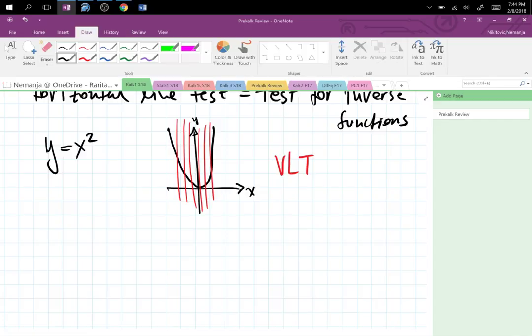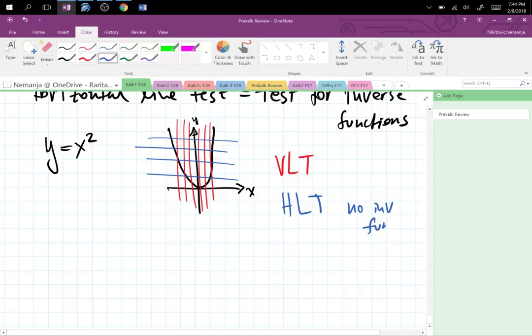To pass a test, these vertical red lines, all infinity of them, are not allowed to cut a function in more than one spot. If they cut in 2 or more spots, it fails to be a function. Now, the horizontal line test tells us no inverse function in this case because it cuts through the parabola twice.